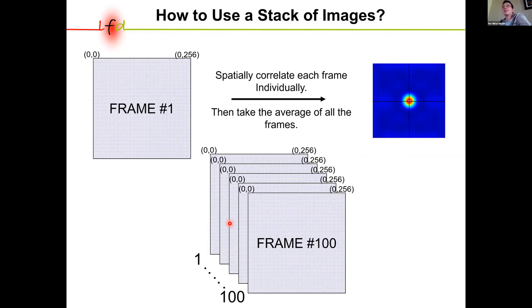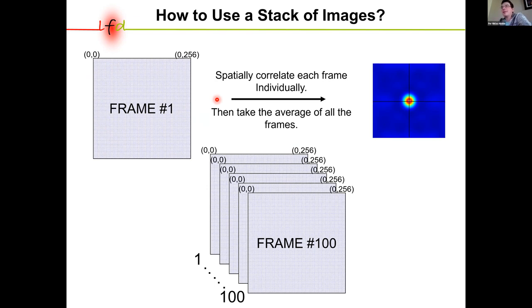Okay, so if we do this for 1 frame, we get our 2-dimensional spatial correlation function, which we can then analyze in terms of interpreting it for any movement of molecules. But just a note here, typically just collecting 1 frame is not enough for signal-to-noise reasons.